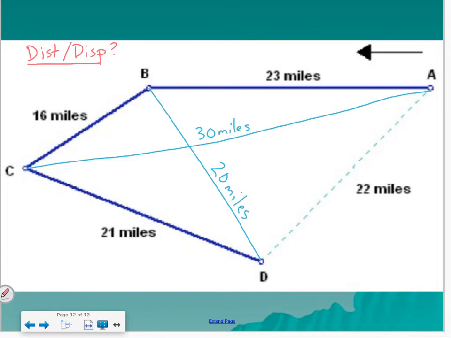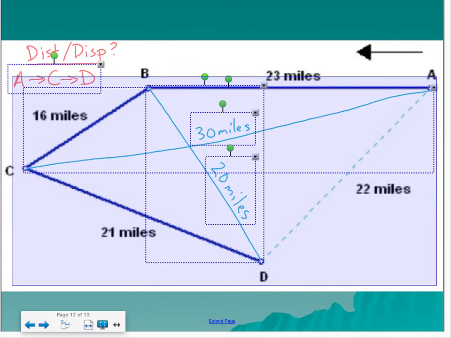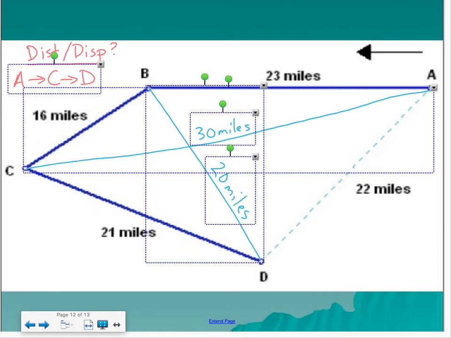As an example, let's say we're traveling from A to C to D. And my question is, what is your distance and your displacement? Don't shout it out, but see if you can determine it. What would it be? We're just not using B.